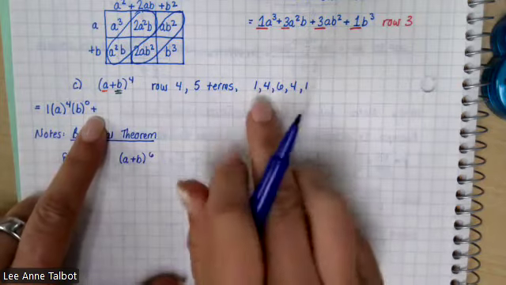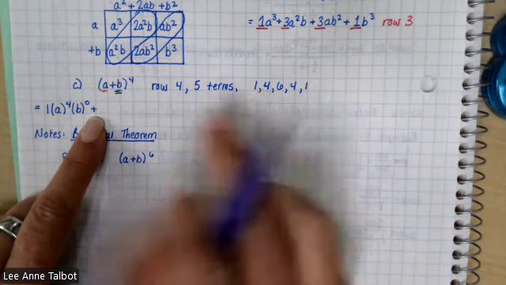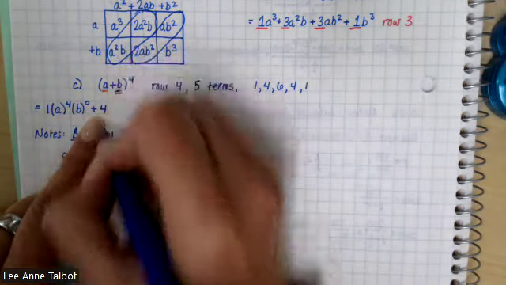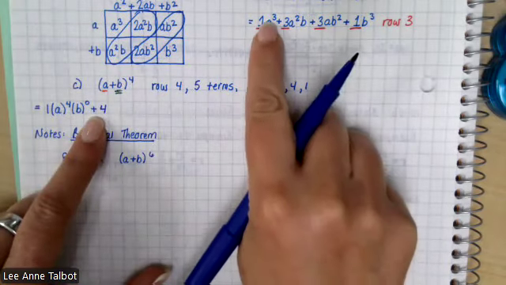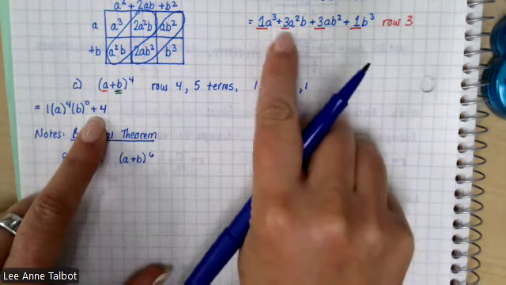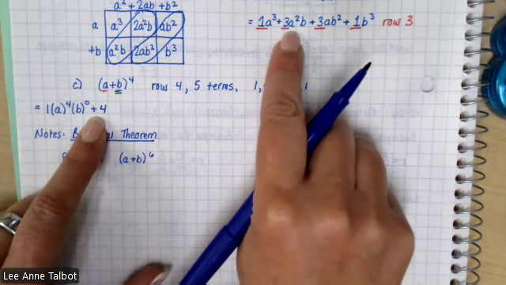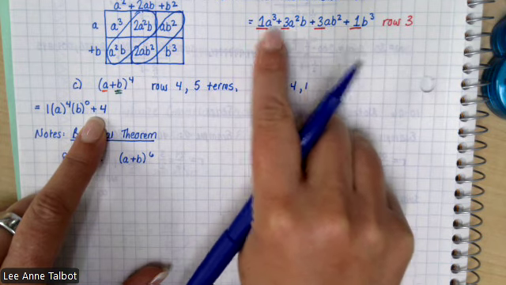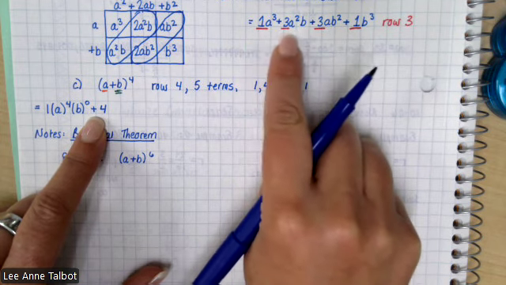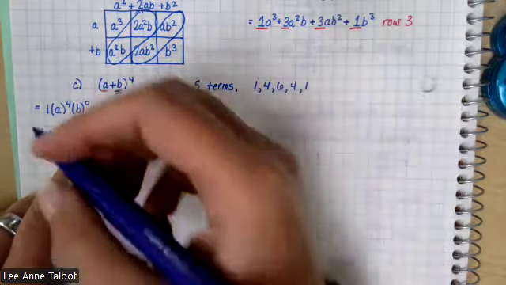My next number in front, my leading coefficient, is going to be 4. What happened to the A value between here and here? It went down 1.